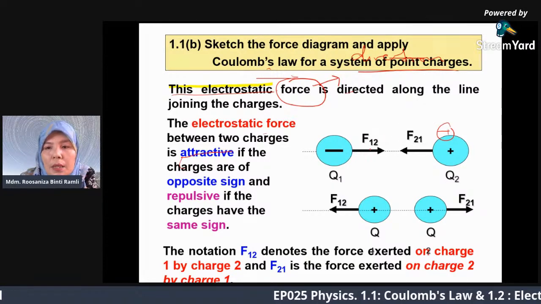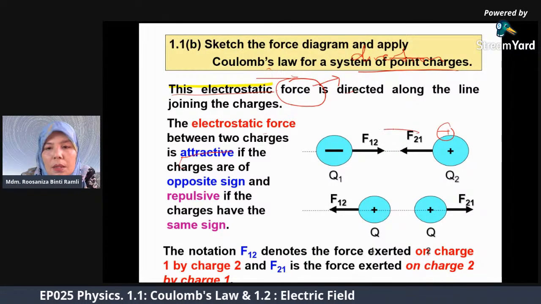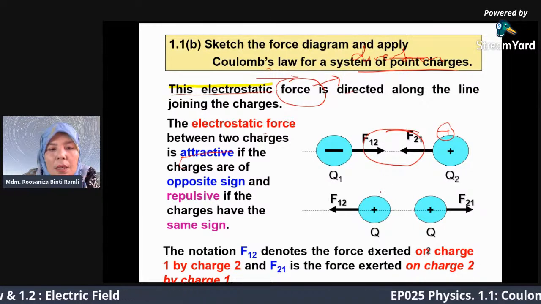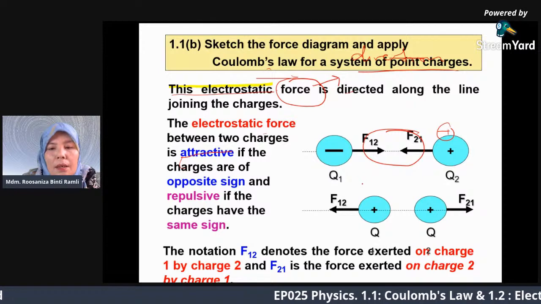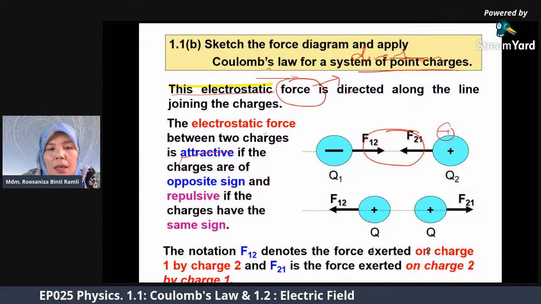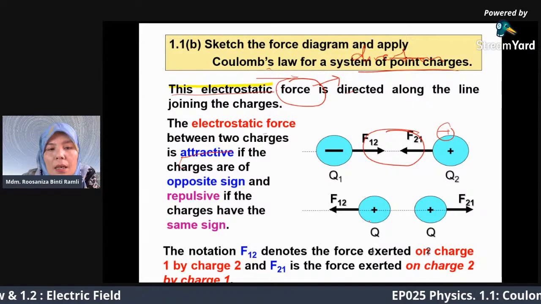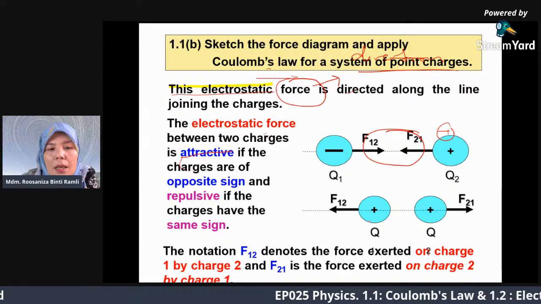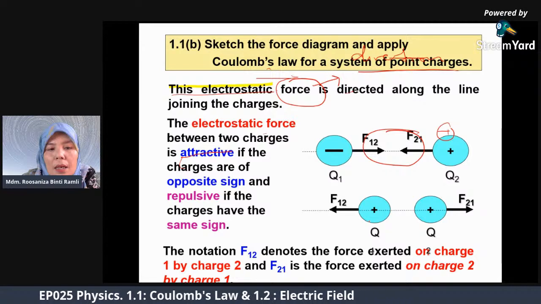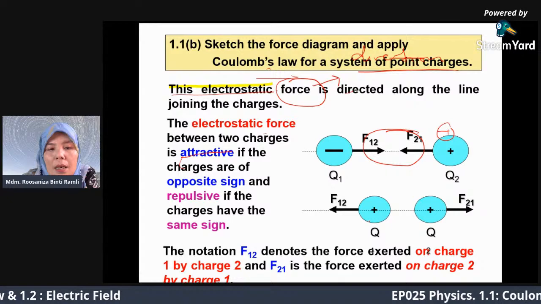Attractive means the forces point towards each other. If the charges are the same sign, the force is repulsive. So if both are positive, or both are negative, it is a repulsive force.